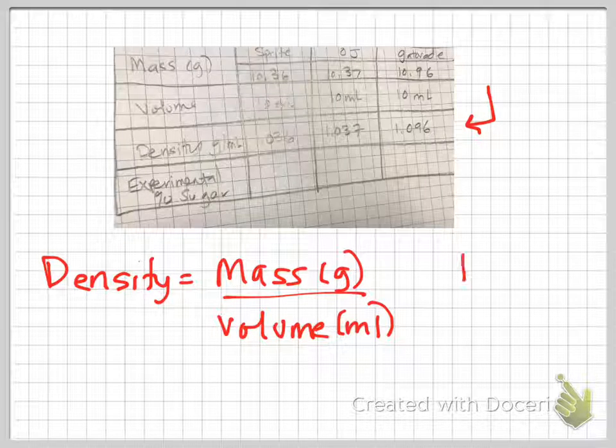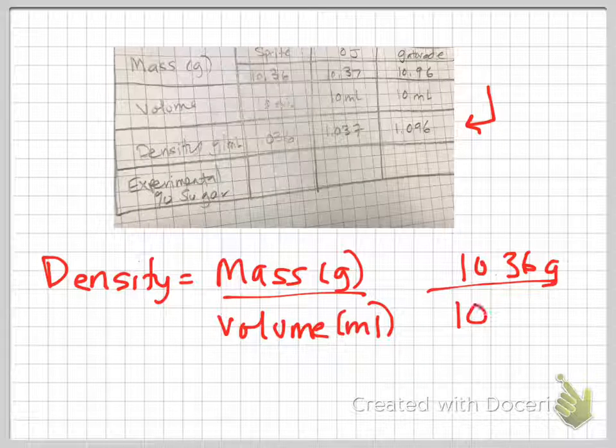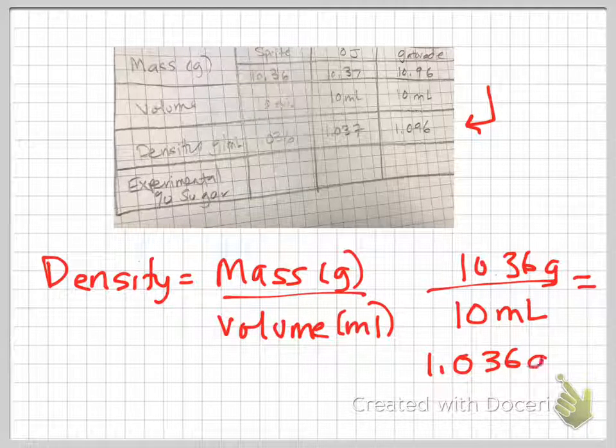In this case, we have 10.36 grams over 10 milliliters. So all we need to do is move the decimal point over 1. The density of Sprite would be 1.036 grams per milliliter.